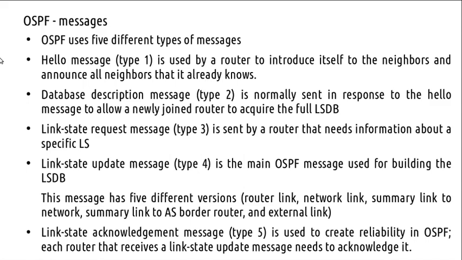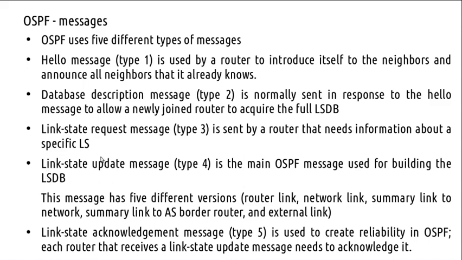When router 1 boots up and sends a hello message, router 2 will reply using the database description message, sending whatever it knows. Then link state request, where you can request about a specific link, maybe because the entry timed out in the router. Then link state update.